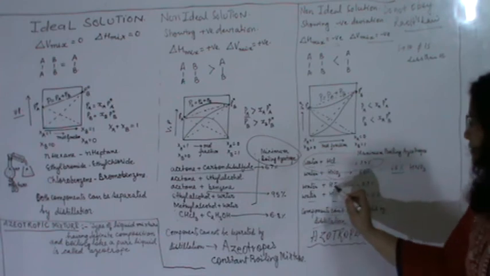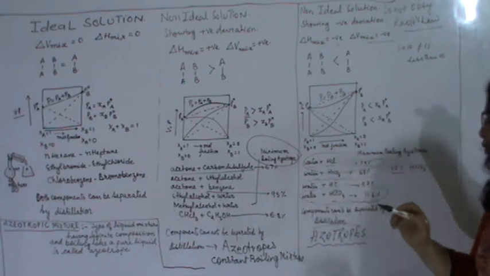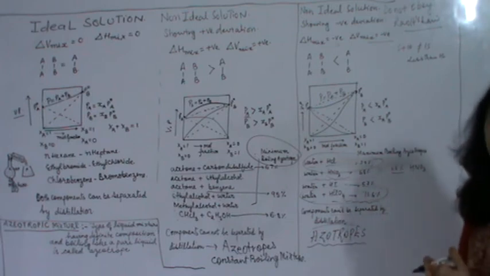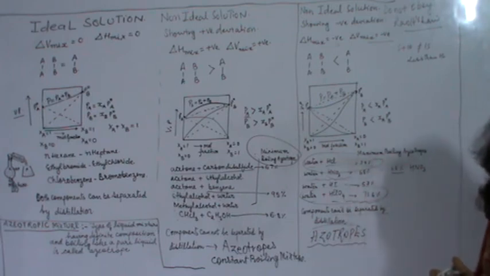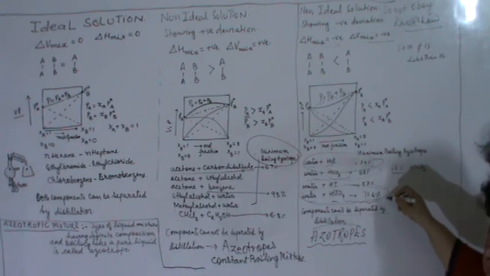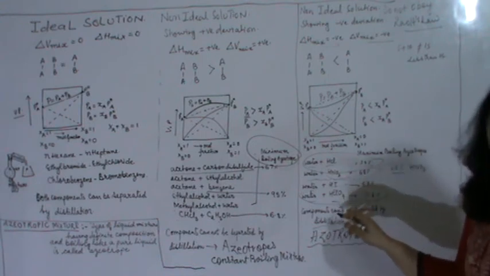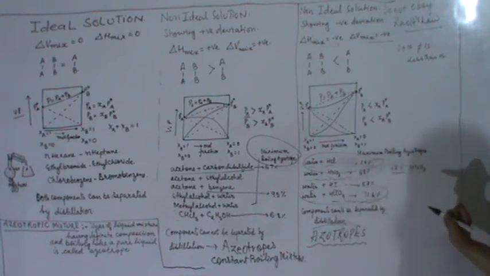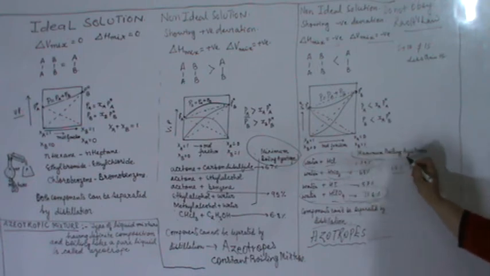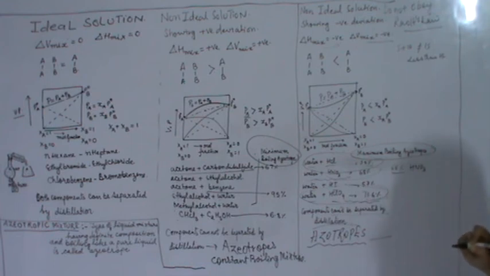Now, if you boil this mixture, you are not going to get separate water and separate HClO4. You will always get a mixture at a composition of 71.6% HClO4. Such solutions are called azeotropes, and solutions with negative deviation form maximum boiling azeotropes.